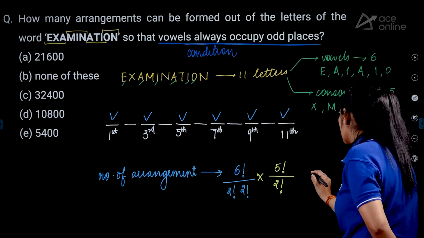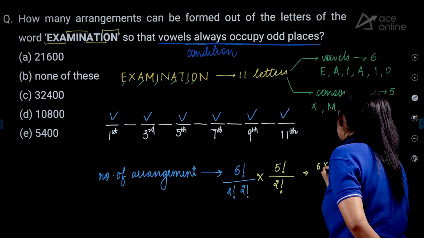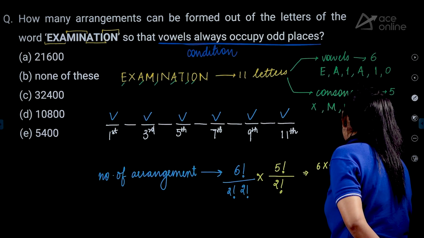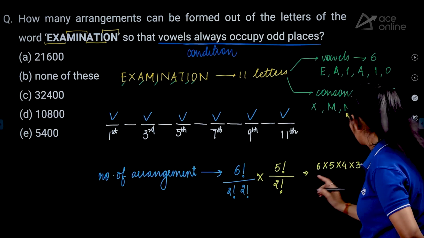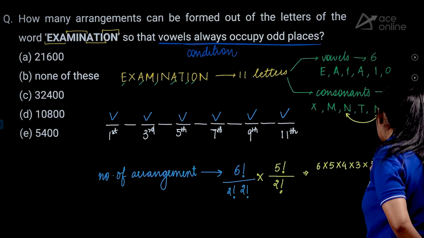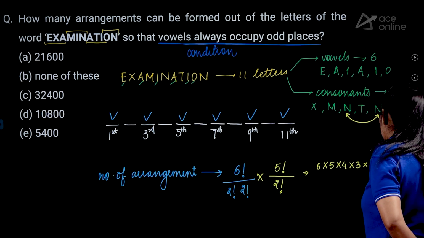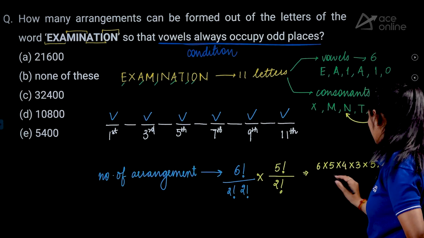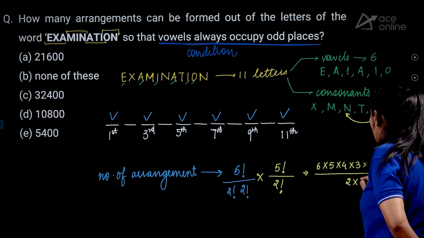Is it clear? So, here what we can do, we can just simply write it as 6 into 5 into 4 into 3. I have already eliminated this 2 factorial over here. Into 5 into 4 into 3, and this 2 factorial from this one divided by 2 into 1.